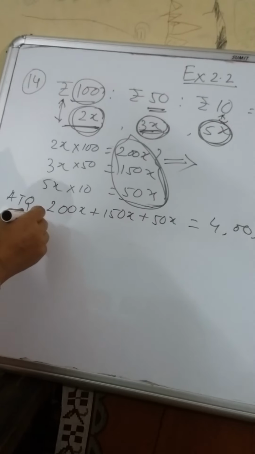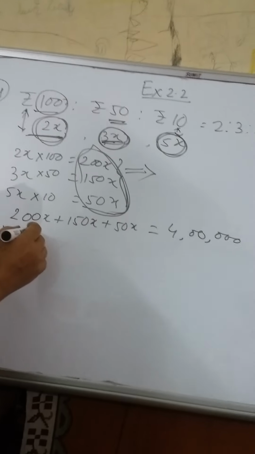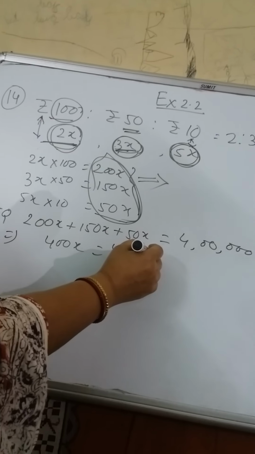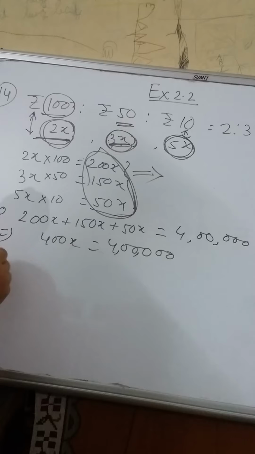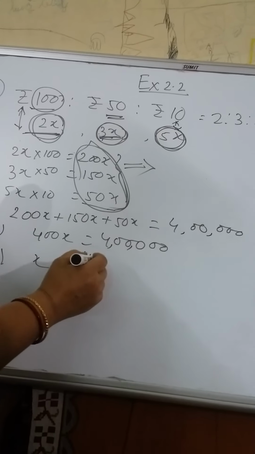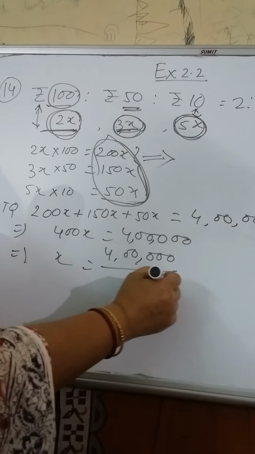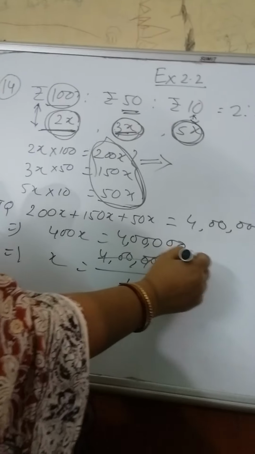So 200 plus 200 is 400x equals 4 lakhs. So x equals 1000.